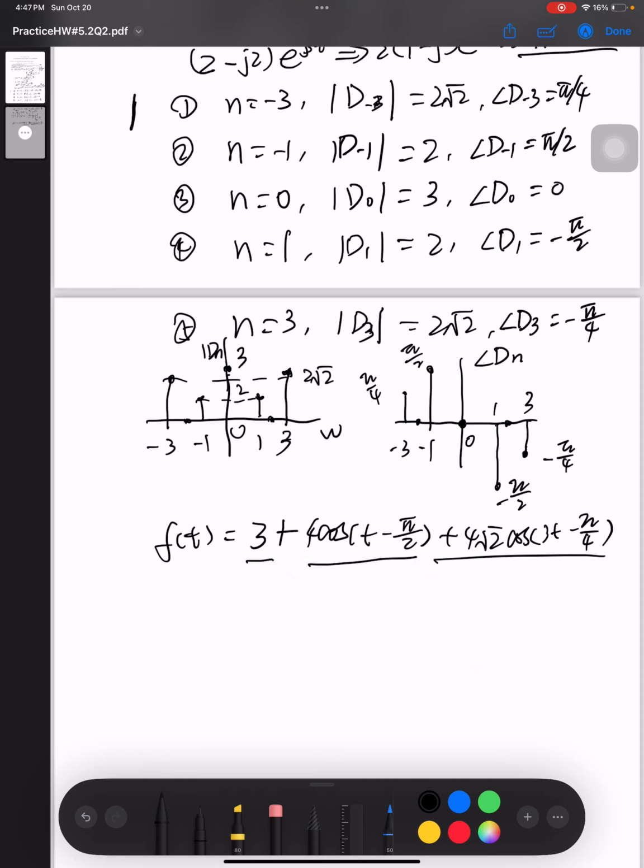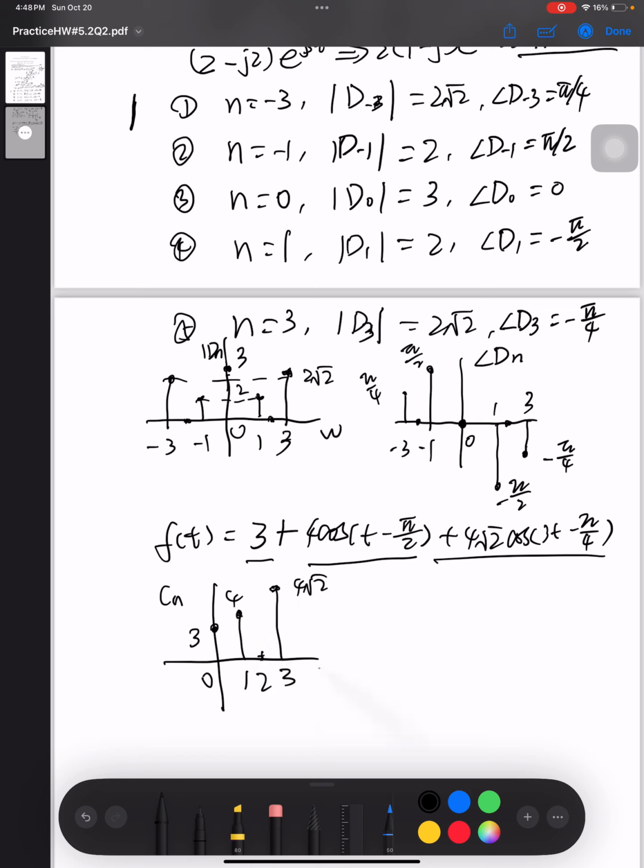So if we plot it, Cn is going to be like this: at 0 it is 3, at 1 it is 4, at 2 it is 0, and at 3 it is 4 times square root 2.